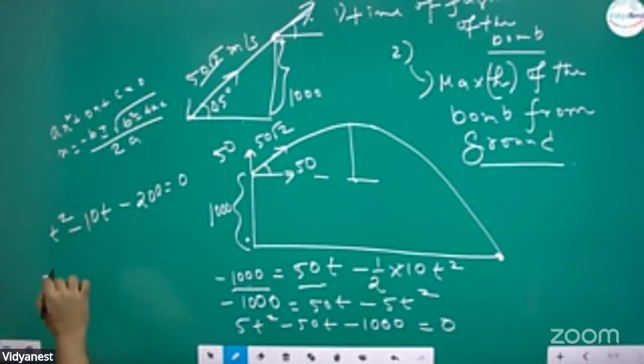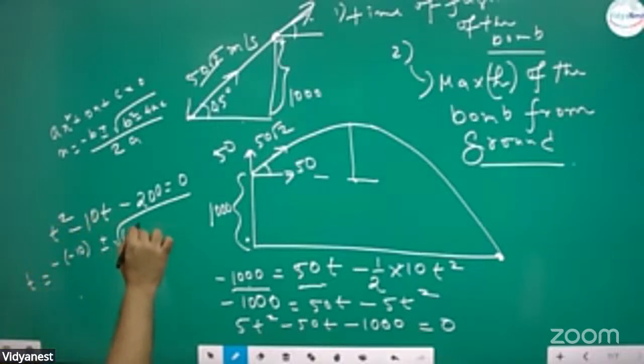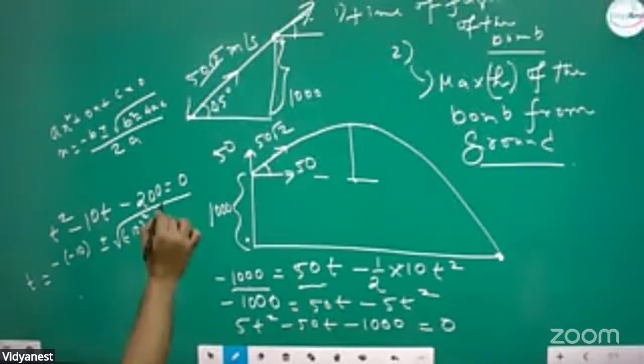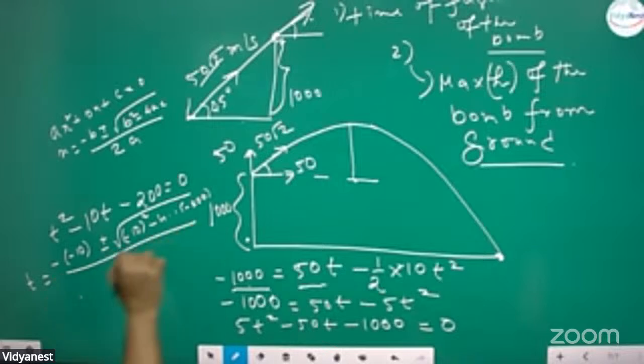Therefore t is equal to minus of minus 10 plus minus root of minus 10 whole square minus 4 into a, which is 1, into minus 200, divided by 2 into a.